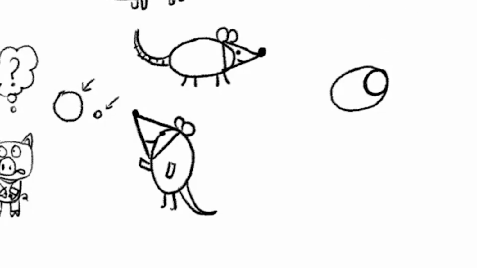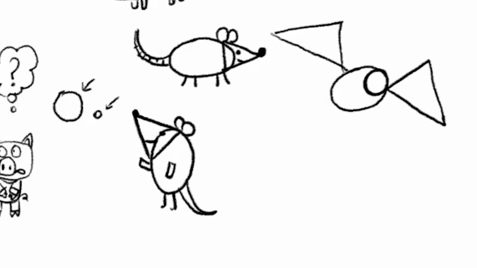So for the wings, I like to draw the top first, and then you can make that bottom triangle. And then at the end, you can just add the curves. Okay?